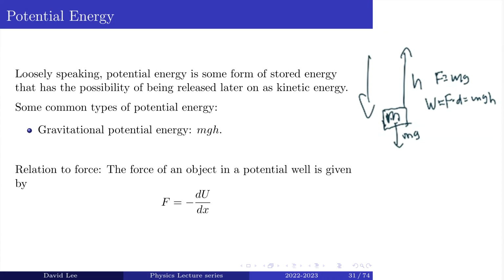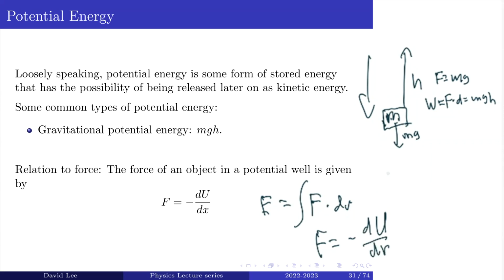And we knew that energy is going to be the integral of F dr, right? And similarly, if we take the derivative, we'll get F is equal to negative dU/dr, where U is the potential energy.